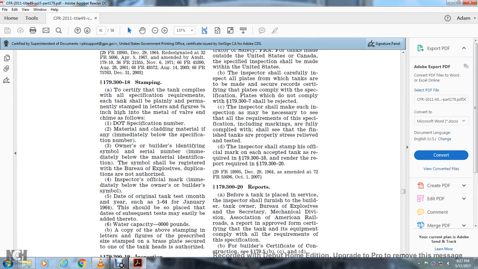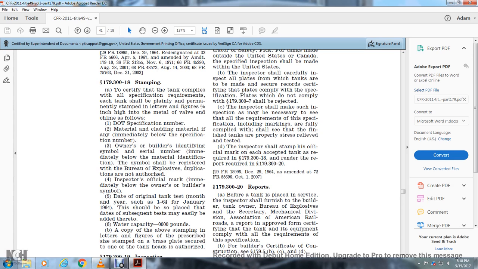179.318 Stamping. To certify that the tank complies with the specification requirements, each tank shall be plainly and permanently stamped in letters and figures 3/8 inch high on the metal near the head, as follows. DOT specification, material, cladding material if any, immediately below the specification number; owner and builder identifying symbol and serial number immediately below the material identification. The symbol shall be registered with the Bureau of Explosives, with the inspector's official mark immediately below the owner's and builder's symbol.